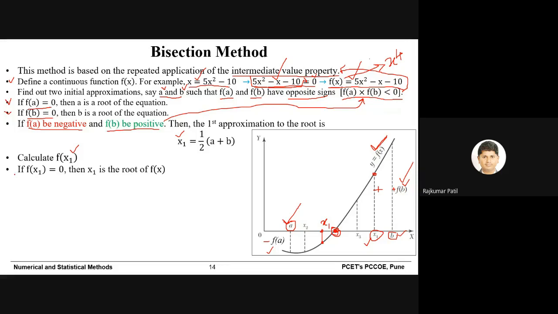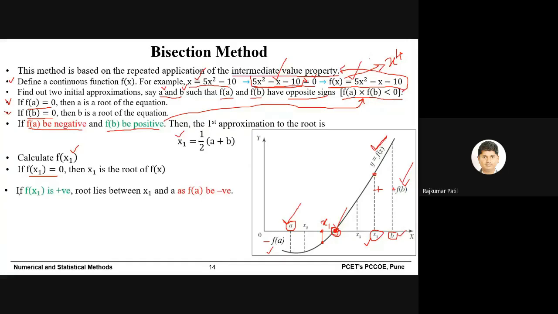If f(x1) is 0, then x1 is the root of the equation. It is possible that when you put x1 into the function, you get 0, so x1 will be the root of f(x).